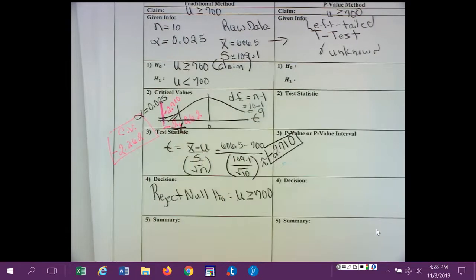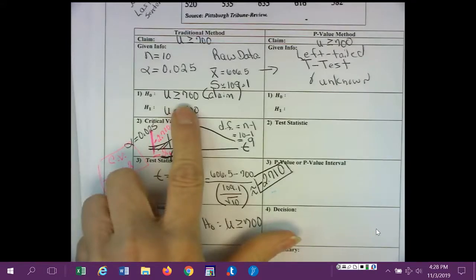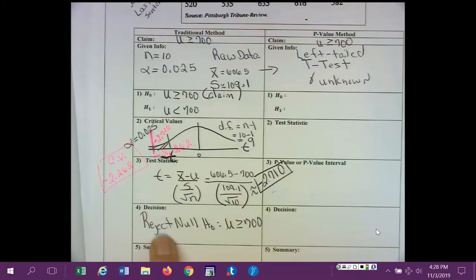And yes, that's our claim, but I'm going to go to my diagram to figure out what my summary statement will be. Reject the null is our decision. This time our claim was the null, that it's at least 700, and we decided to reject the null.